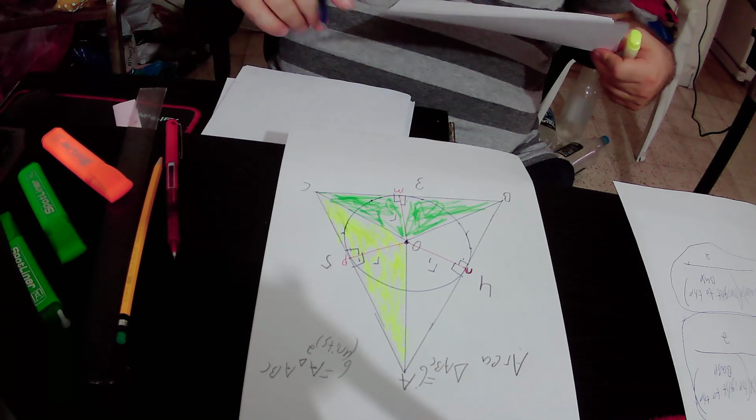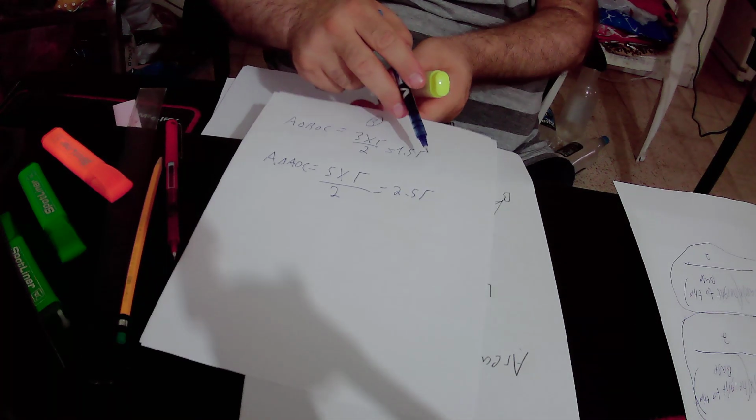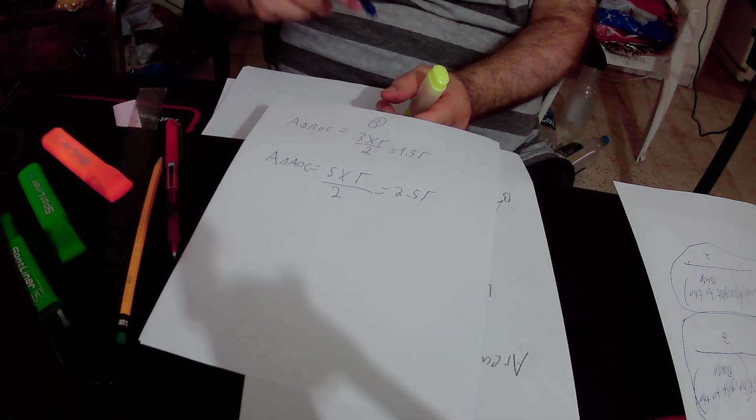So the area of the yellow triangle, triangle AOC, equals 2.5 times the radius of the circle.